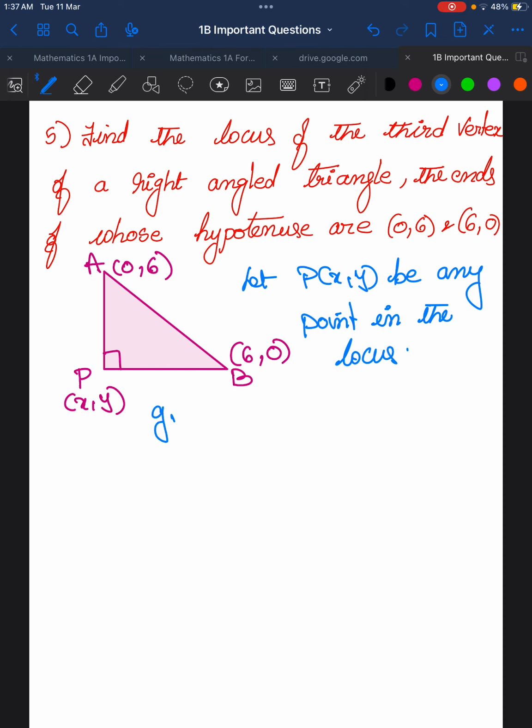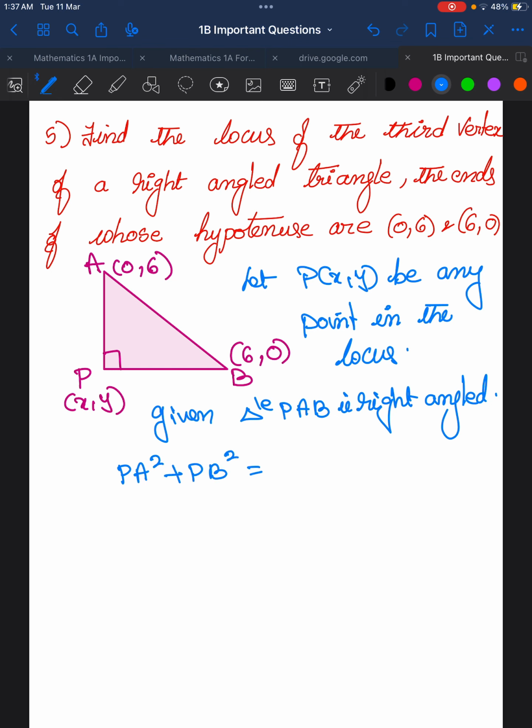Given triangle PAB is right angle. They only gave in the question right angle triangle. Right angle triangle, what formula we know? We know that side square plus side square is equal to hypotenuse square. That is PA square plus PB square is equal to AB square. This is the Pythagorean theorem.